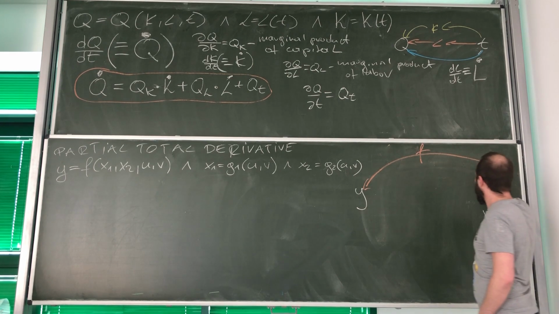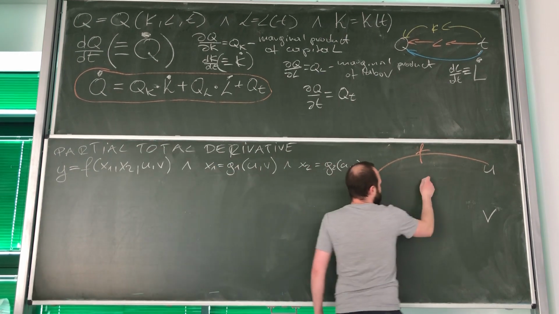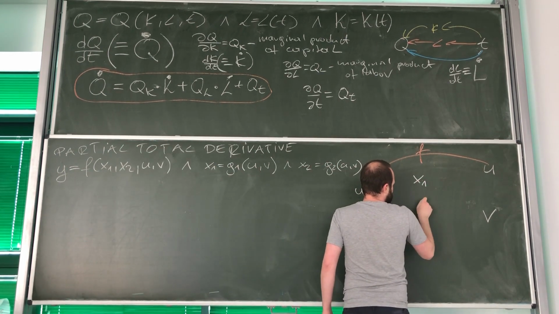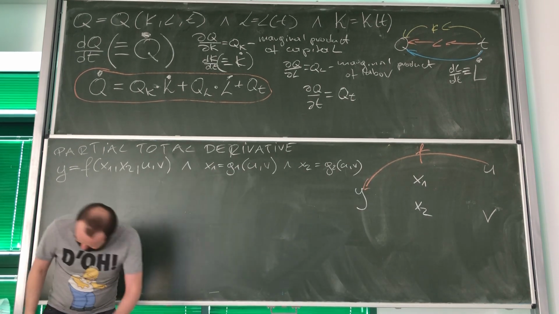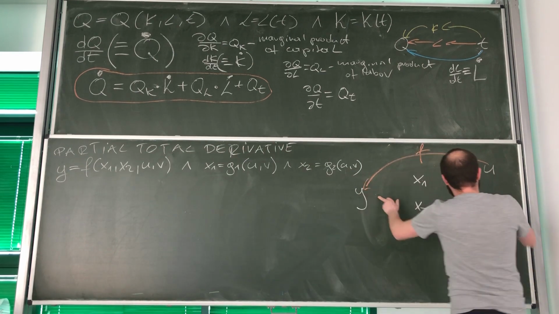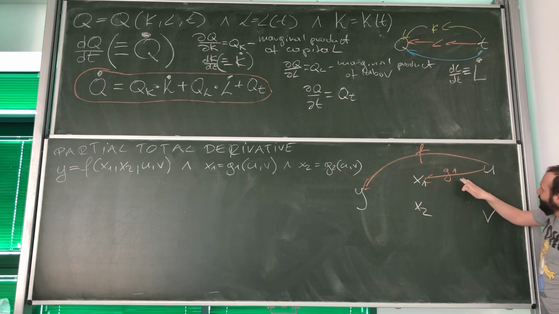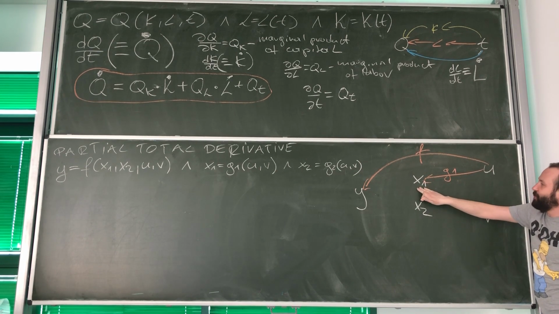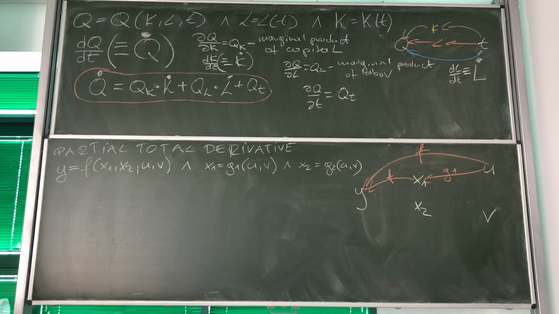Then u can influence y indirectly through function g1 and by variable x1, and then x1 influences y through function f.